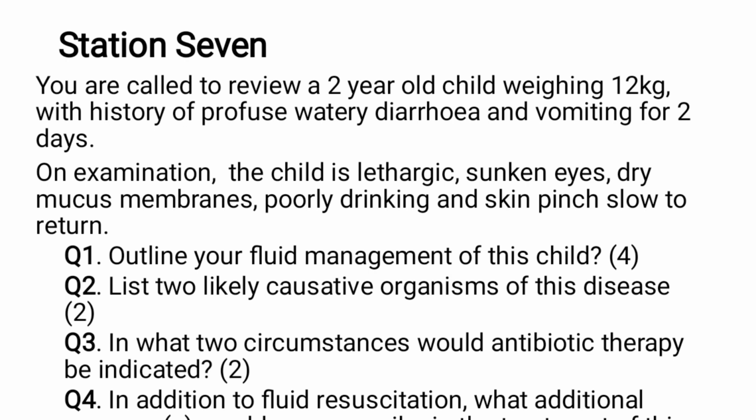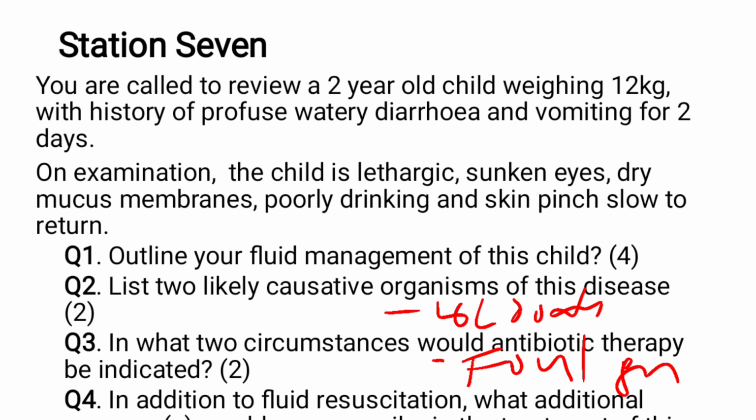In what two circumstances would antibiotic therapy be indicated? Antibiotics would be indicated if there is bloody diarrhea, and also if there is foul-smelling stool. So these are circumstances in which antibiotics would be indicated.